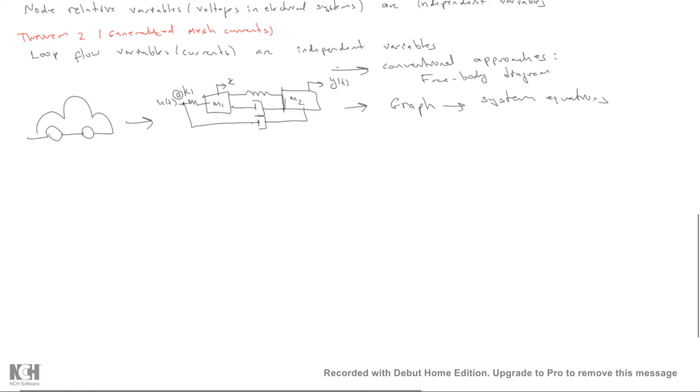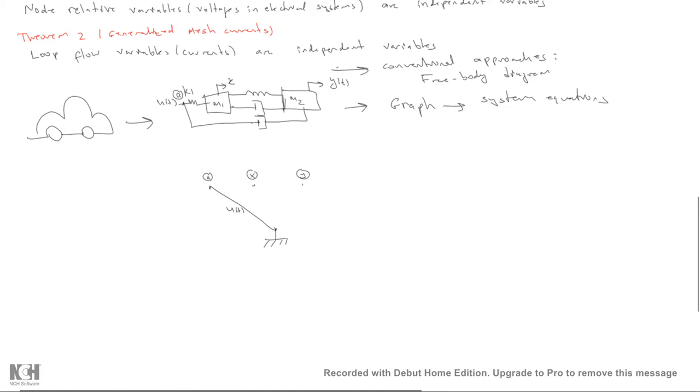So the graph representation of this diagram will be: I have A here, node X here, and node Y here. These are the independent positions that exist in this system. The node A is excited by input from my inertial frame, and this is my u of t.